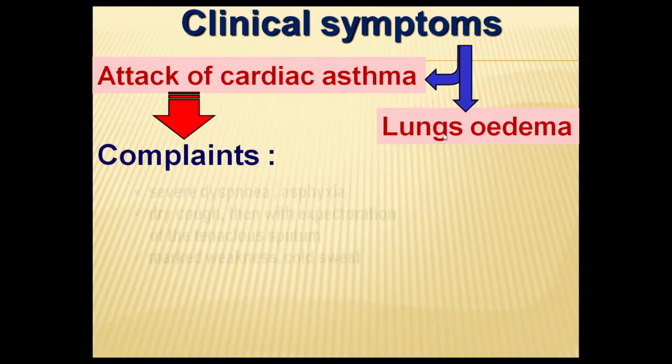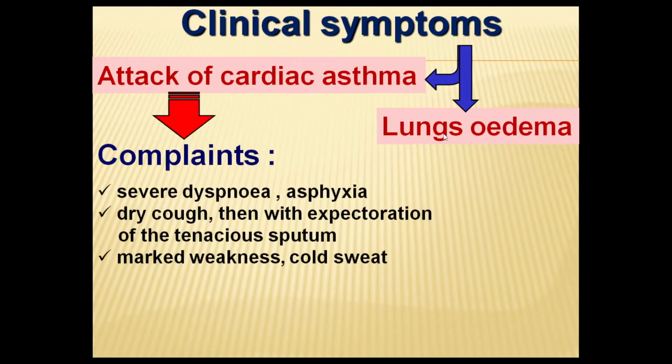Attack of cardiac asthma. The patient suddenly feels severe dyspnea, which then transforms to asphyxia. Usually it appears in the early morning period, 3-4 hours a.m. If the activity of the alveoli is restricted, the patient feels some discomfort, maybe a dry cough, sometimes expectoration of viscous tenacious sputum.